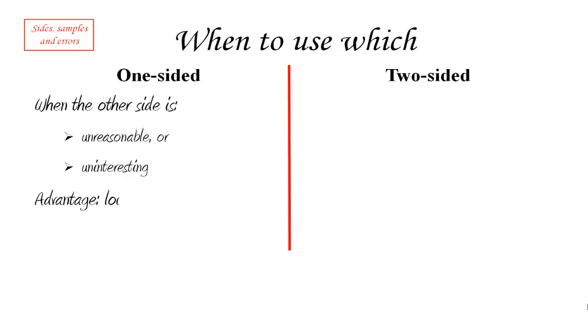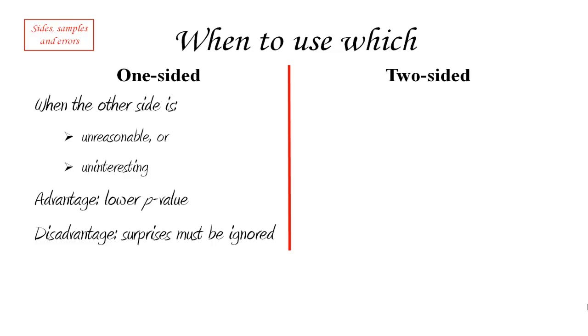The advantage of using a one-sided test is that we end up with a lower p-value. Remember, the one-sided p-value is half of the two-sided, so it's easier to end up with the conclusion stating yes, we are in fact seeing a difference. Our alternative hypothesis is in fact justified. But the problem is that if we end up with a surprise, if we end up with data that are actually on the other side, and the other side is equally interesting.